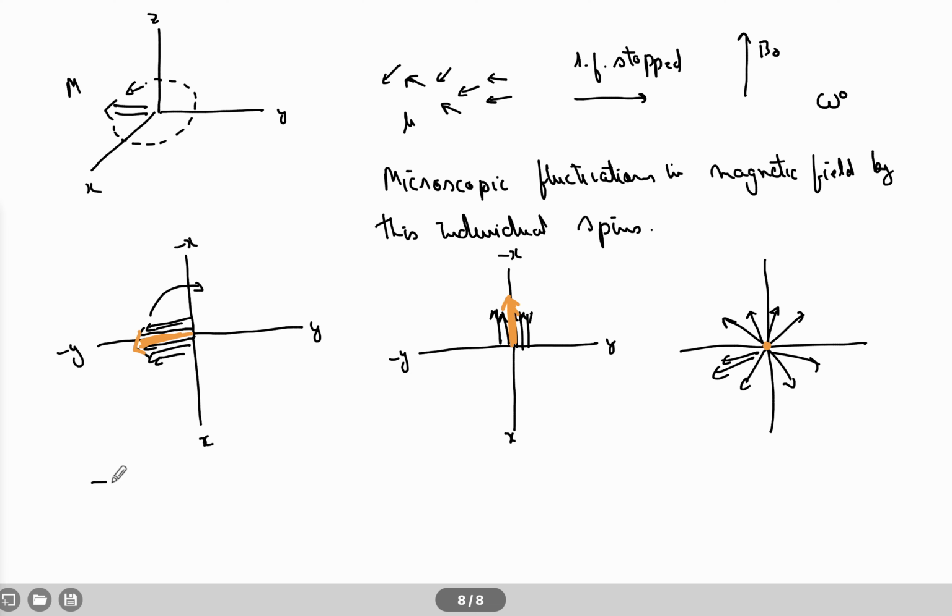So transverse magnetization relaxes to death. It dies, and it is irreversible.